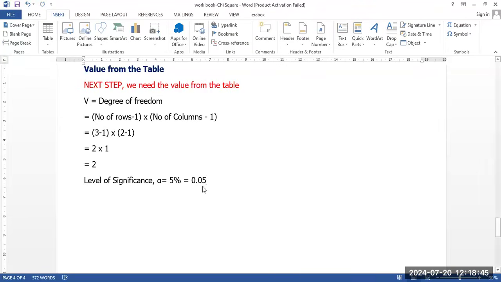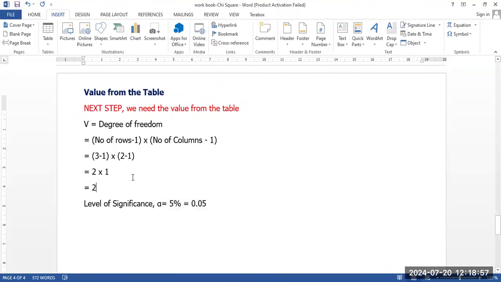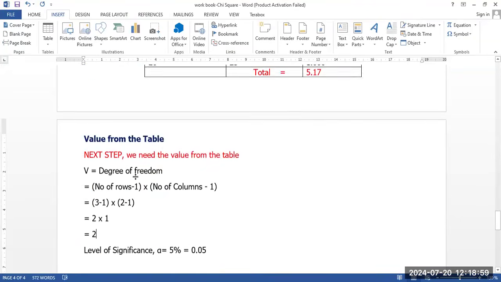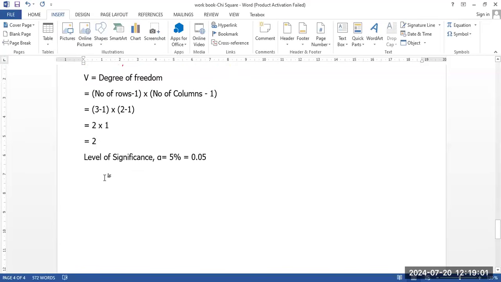So you can read the value from the table. I think it's the same as the first question, because V was 2 and the level of significance was 0.05, isn't it? So what was the value from the table?